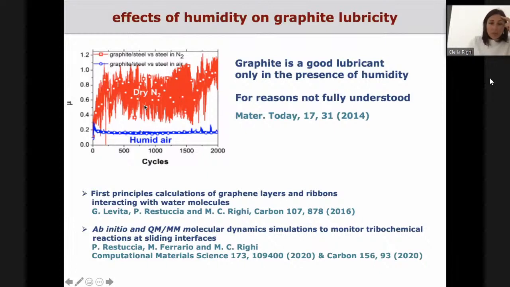One that we believe is relevant is related to the presence of reactive defects, such as graphene edge, that can be created during the rubbing process that can degrade the lubricity of graphite, and passivating species are necessary to quench down the reactivity of this defect.